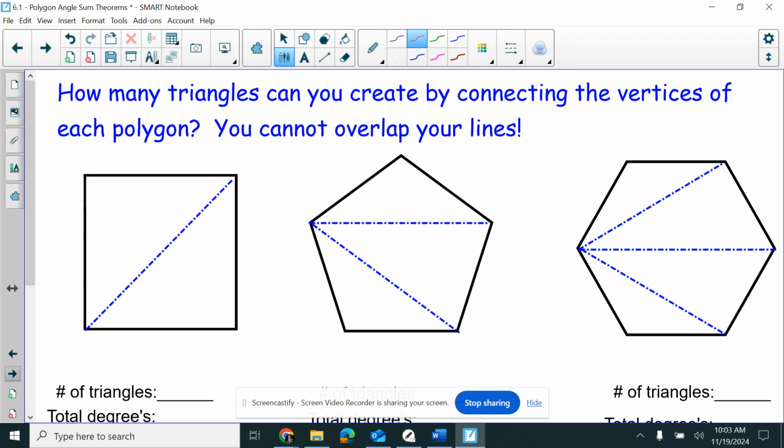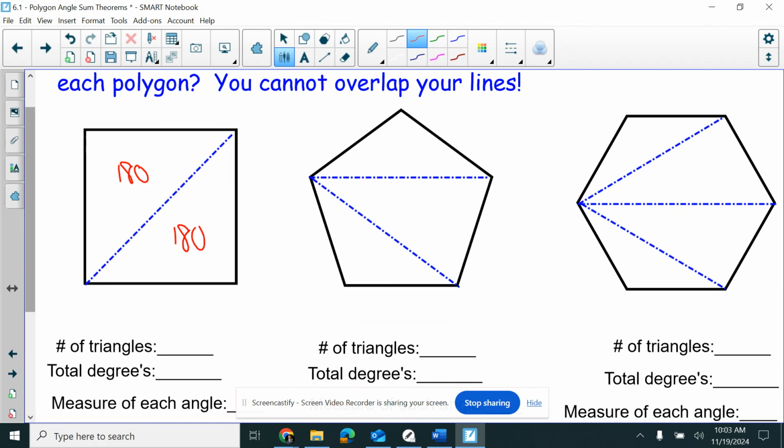So for example, in a quadrilateral, if there's 4 sides, you can break that into 2 triangles. And if I know that it has 4 sides, 2 triangles, the total number of degrees would be 180 times 2. So that would be 360.